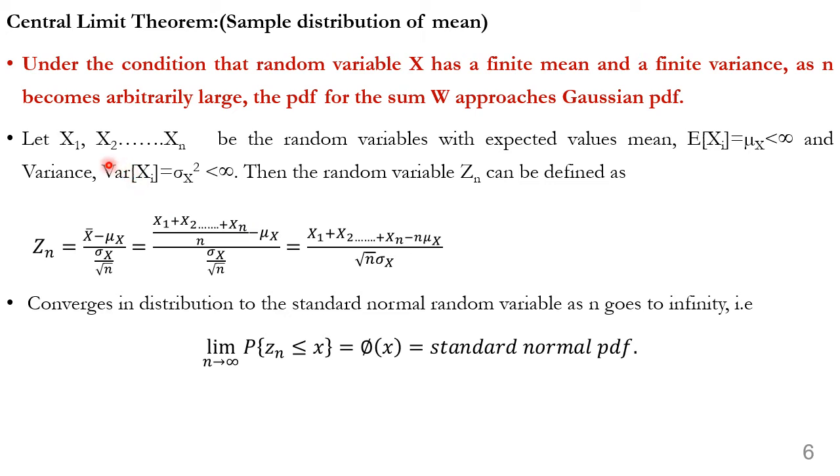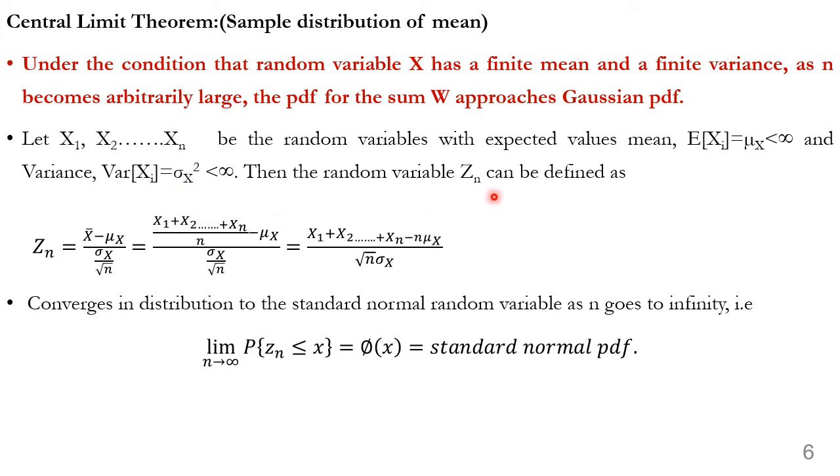Let us consider X1, X2 up to Xn as random variables with expected value of Xi equal to mu x, which is less than infinity, and variance of Xi equal to sigma x squared, less than infinity.